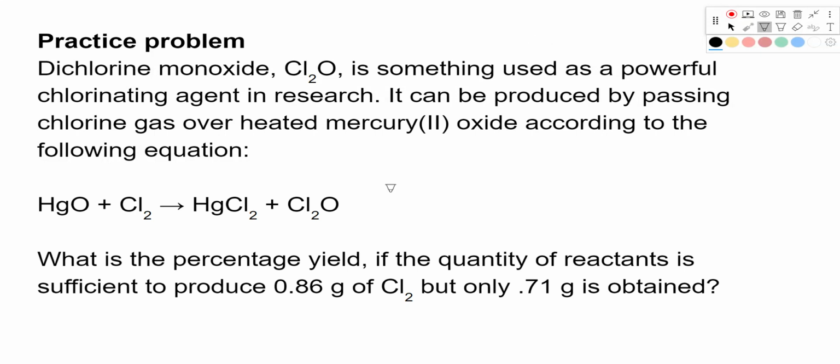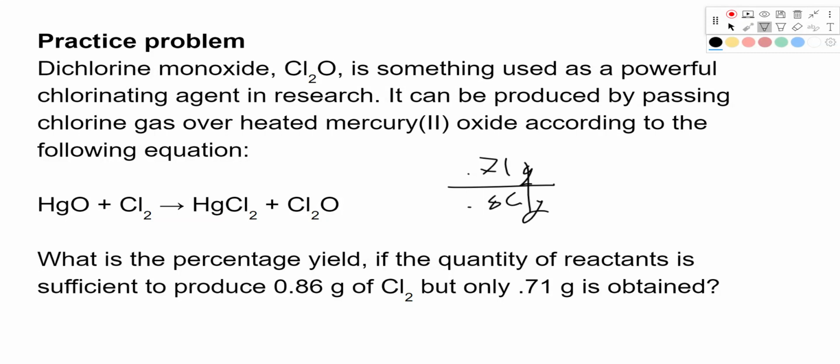So we just have to run the equation from the previous page. We're going to take that actual yield, our lovely 0.71 grams, and we're going to divide it by the theoretical yield, which was 0.86 grams. The grams are going to cancel because we're going to get a percentage here.